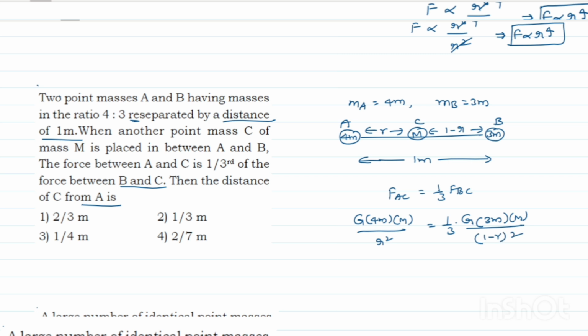Now when simplifying, G cancels on both sides, and small m and capital M cancel on both sides.